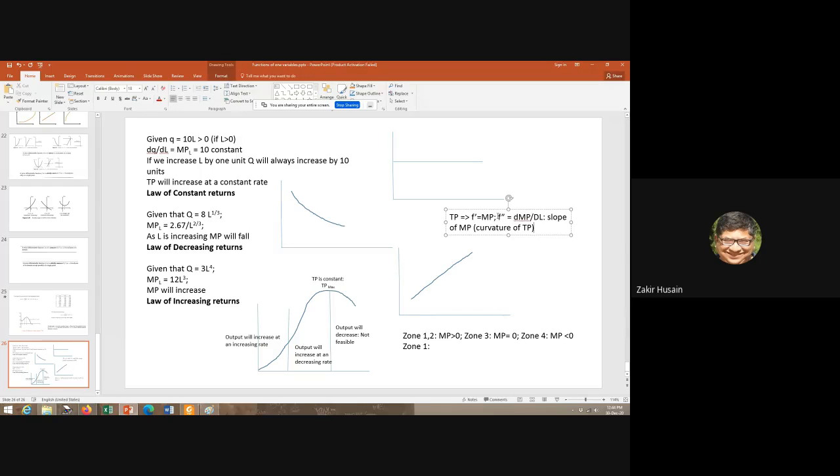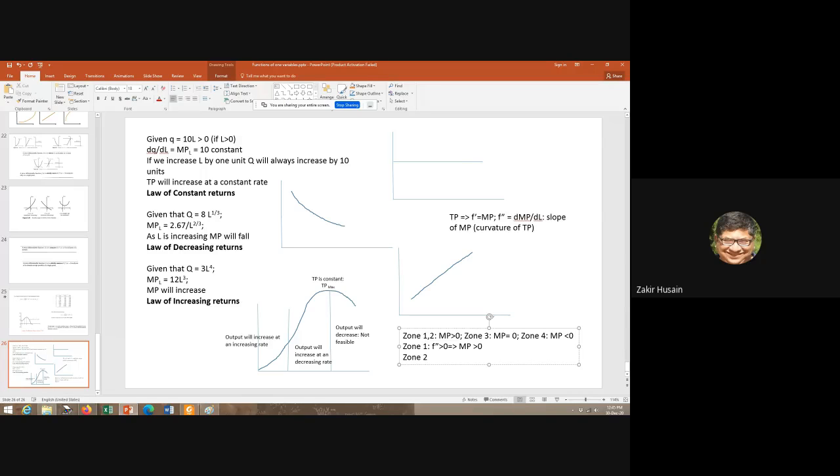F double prime is simply dMP by dL, or the slope of the MP curve, whether it is increasing or falling. So in this zone, the second derivative, F double prime, is positive. So what does it imply for marginal product? It's increasing. It is positively sloped.